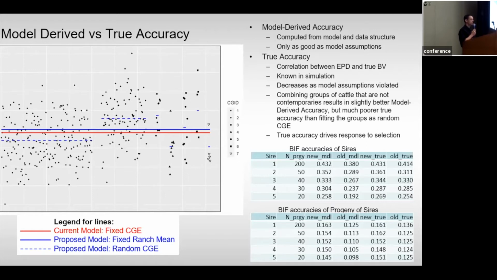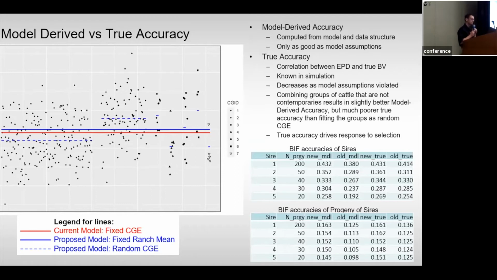That's what drives response to selection. And in simulation, that's easy to get at. It's the correlation between the true and predicted values, because in simulation, we know the true values. The point is that as the model assumptions are violated, we run the risk of decreasing true accuracy. And it's possible that if we incorrectly combine groups of cattle that are not contemporaries, we could actually do so with the sacrifice of true accuracy.